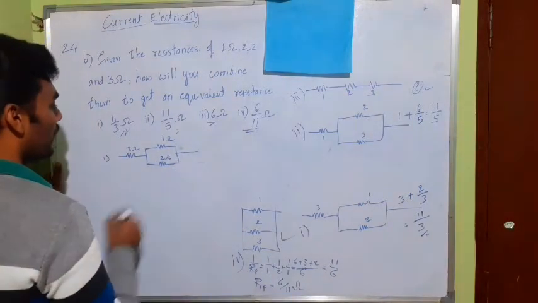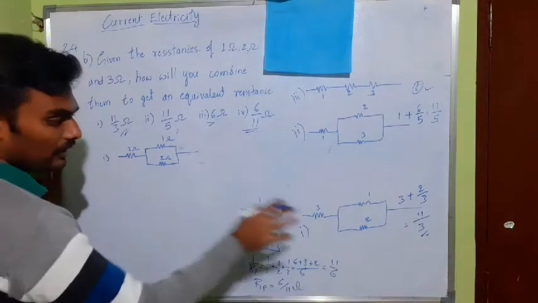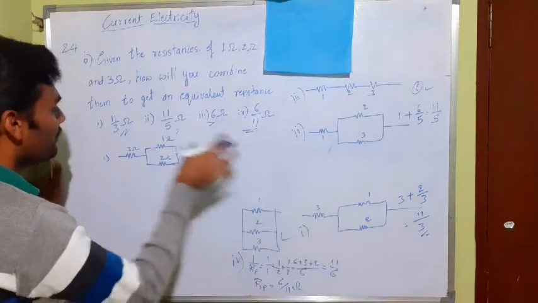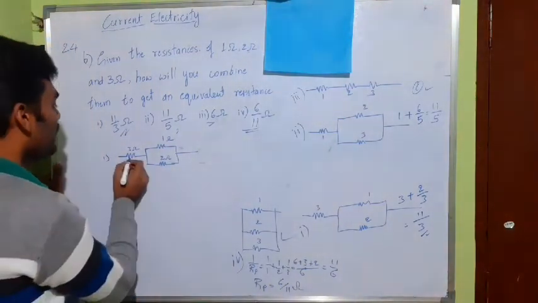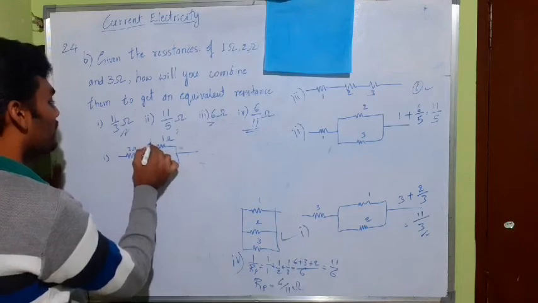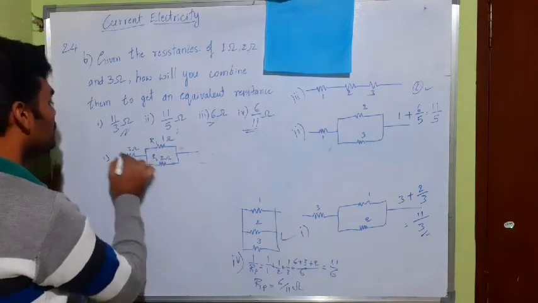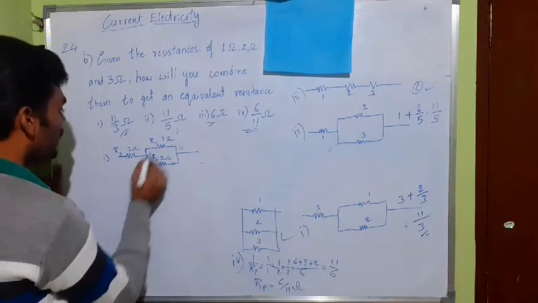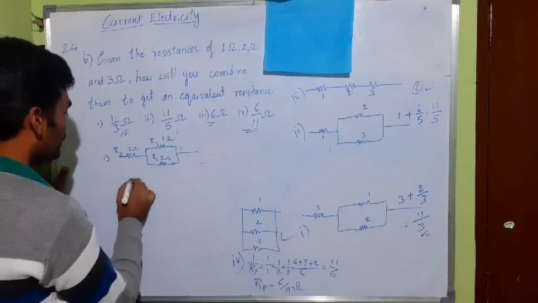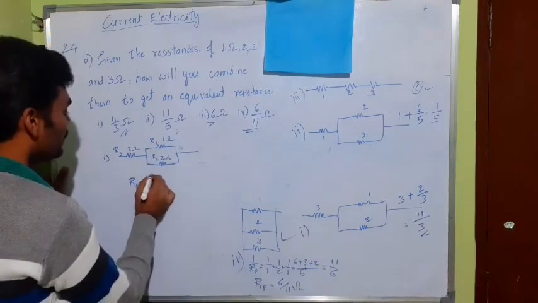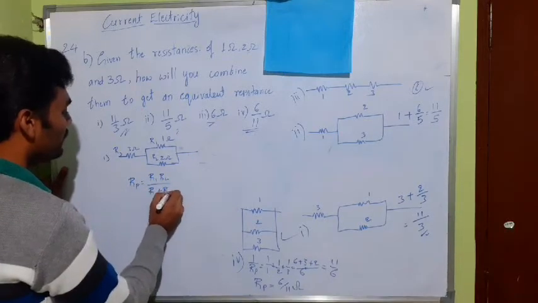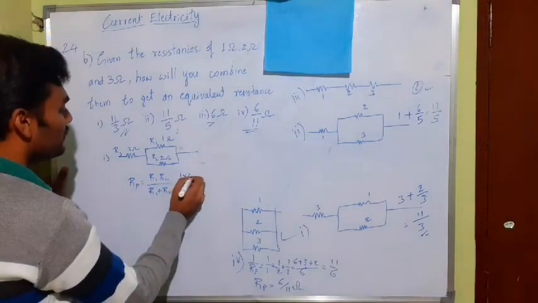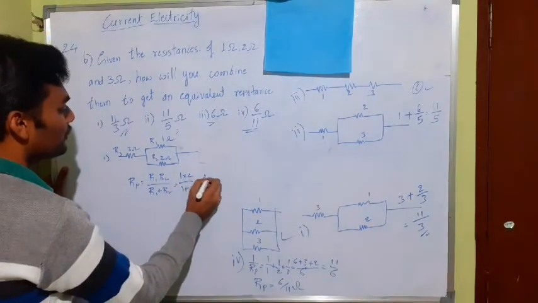Now you see, this is just random verification, but when it comes to the actual solution, you should do it in detail. You name them as R1, R2, R3. R1 and R2 are in parallel, so you call RP is equal to R1 R2 by R1 plus R2. What is that? 1 into 2 by 1 plus 2, which is 2 by 3.